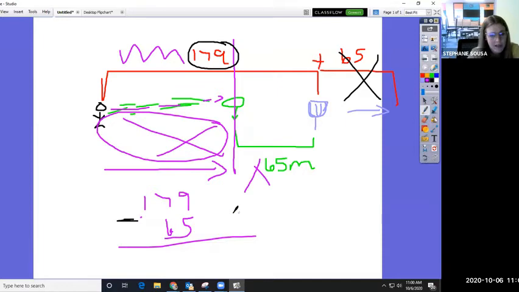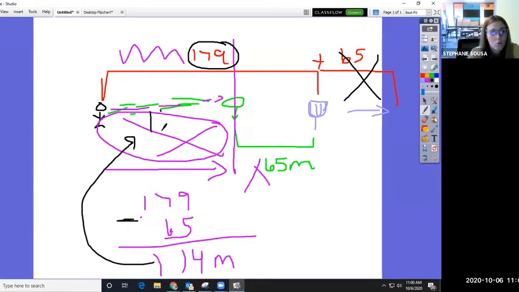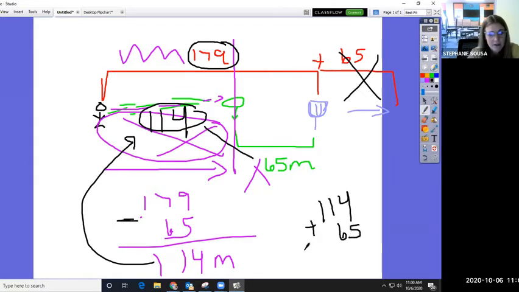So again, as you all saw, our correct answer is 114 meters because that means that Graham's first throw was 114 meters. And if we check ourselves, 114 plus the 65 that he has left, that should equal 179.